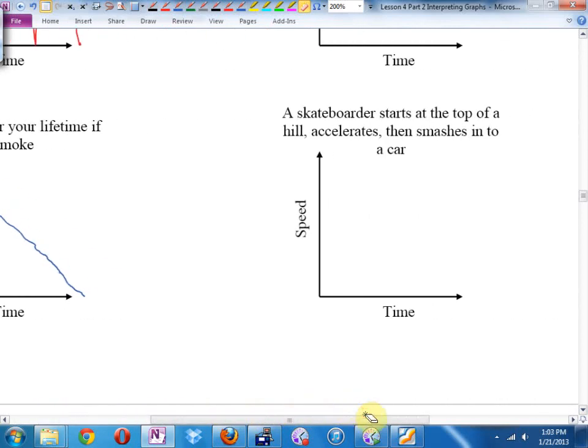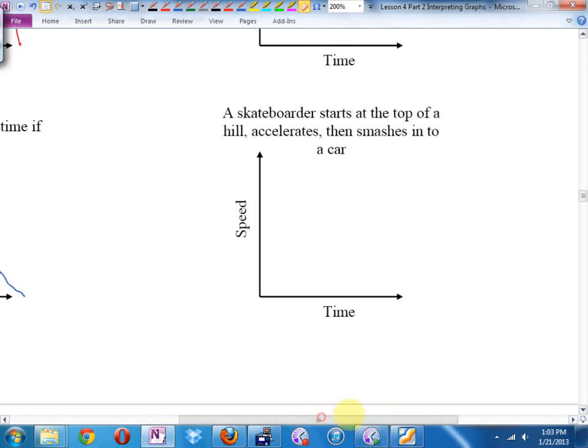Last one. A skateboarder starts at the top of the hill, accelerates, and then smashes into a car. Okay? At time 0, at the top of the hill, how fast are they traveling? Okay, so I think we can assume reasonably well that this graph goes through 0, 0. They accelerate. What's going to happen to their speed?